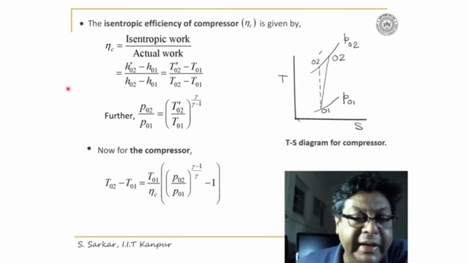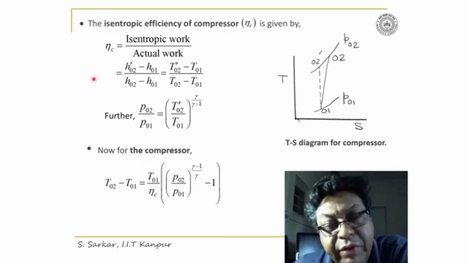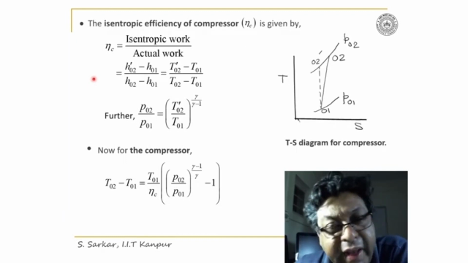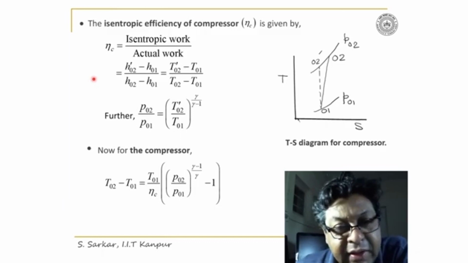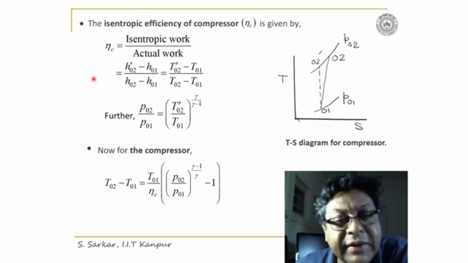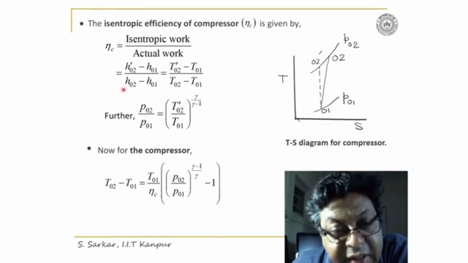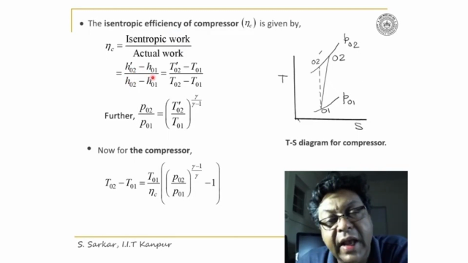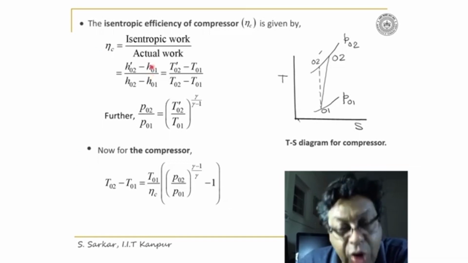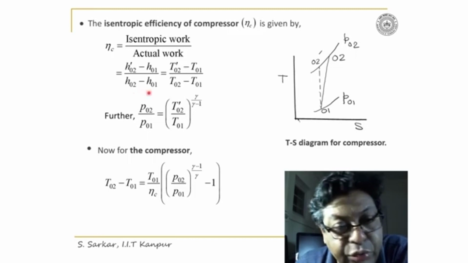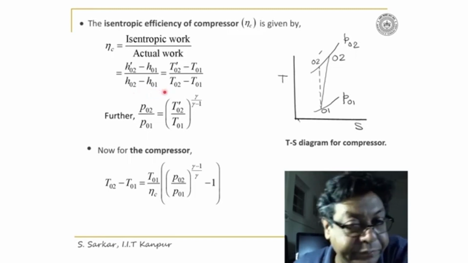So that eta C can be equated as actual enthalpy rise with respect to isentropic enthalpy rise. So I can write h02 dash minus h01, isentropic enthalpy rise, divided by actual enthalpy rise h02 minus h01.